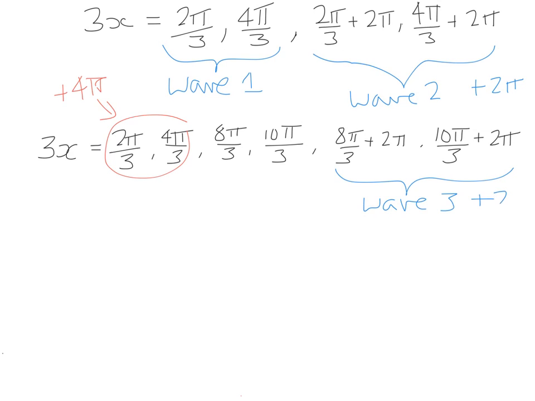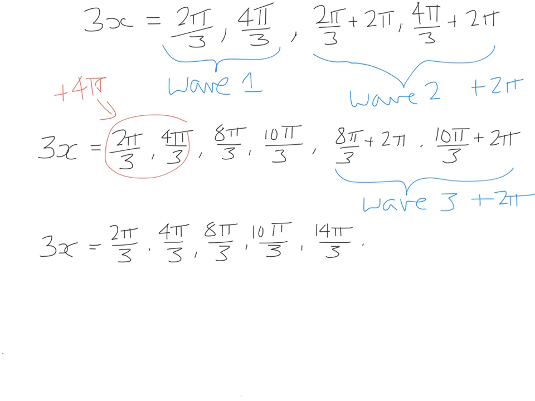I said we've either added on 2 pi to the second wave answers or we've added 4 pi to the first wave answers. So we're nearly there now. So we have 3x equal to 2 pi over 3, 4 pi over 3, 8 pi over 3, 10 pi over 3. 8 pi over 3 plus 2 pi over 3 is 14 pi over 3. And 10 pi over 3 plus 2 pi is 16 pi over 3.